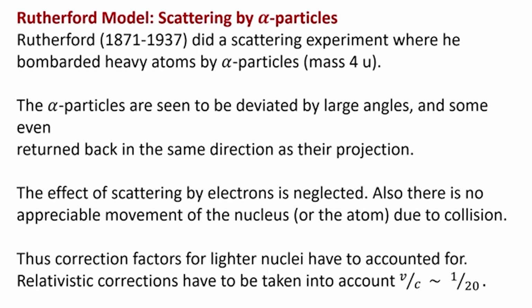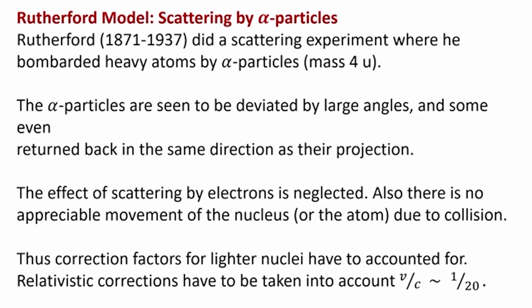He expected it to be like shooting bullets at thin tissue paper or something. And to his surprise, he found that some of them actually return back along the direction in which they are fired. So, this gives a feeling that there is something very strongly positive, so that these alpha particles are repelled and return back.